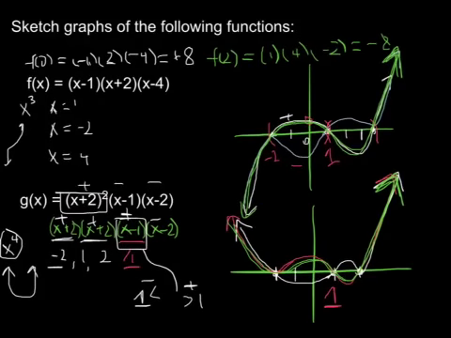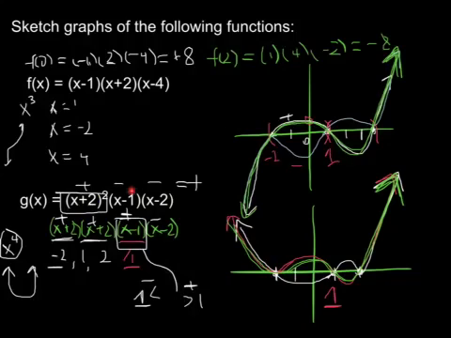This will be positive. So I'm going to have a positive times a negative, which will give me, of course, a negative. And so no matter what I plug in to this factor, it's always going to be positive. And so that means that when I hit the root at -2, nothing changes about this factor. It's still going to be positive because I'm squaring that number.